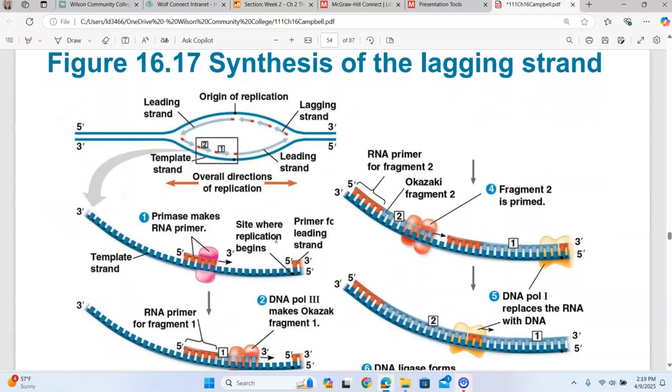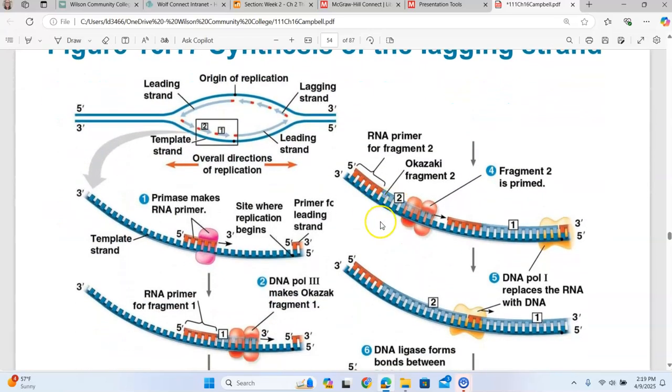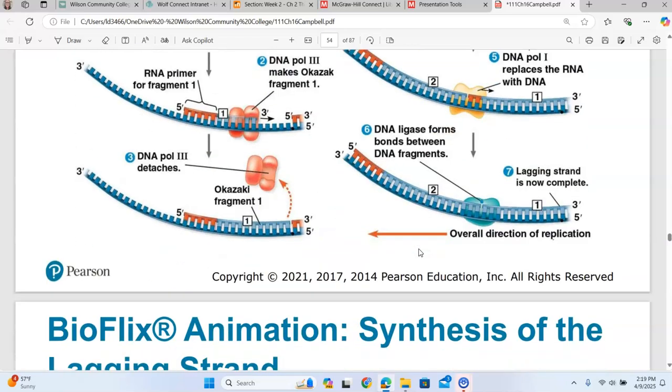This is just showing you the Okazaki fragments that are produced, and then DNA ligase coming in. DNA ligase is this pretty aqua shade, and it's linking the Okazaki fragments together for the lagging strand.